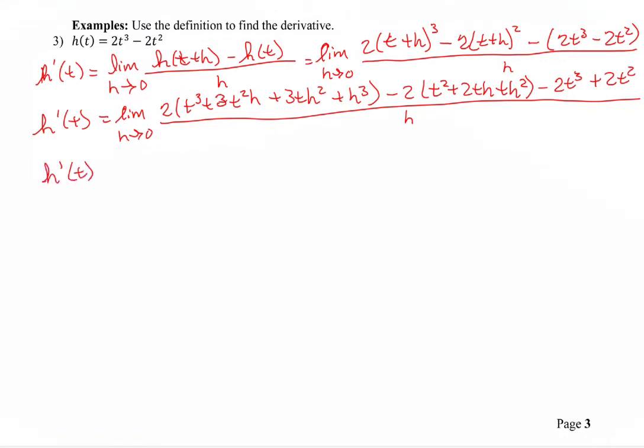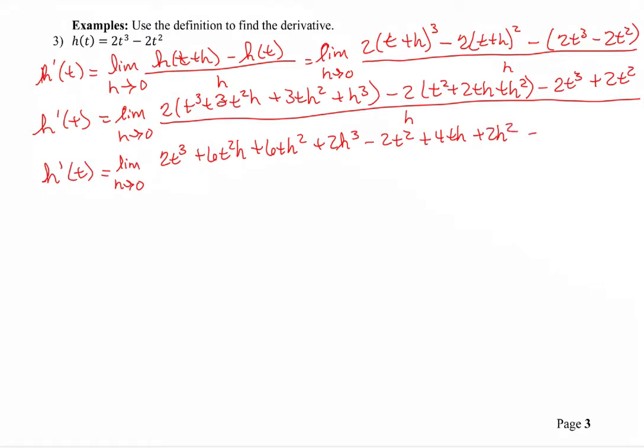The derivative equals the limit as h goes to 0 of 2t cubed plus 6t squared h plus 6th squared plus 2h cubed minus (2t squared plus 4th plus 2h squared) minus 2t cubed minus 2t squared.